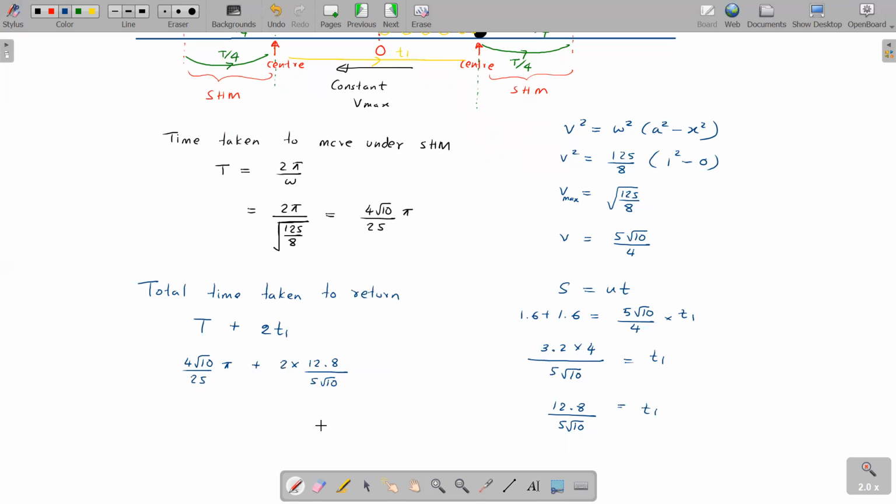So let's type the whole thing in the cal. 4 root 10 over 25 times pi plus 2 times 12.8 over 5 root 10. So what do we get? You get 3.2086, it goes on, which means correct to 3SF, 3.21 seconds. So type this in the cal and check. Type it correctly and you should get this answer.